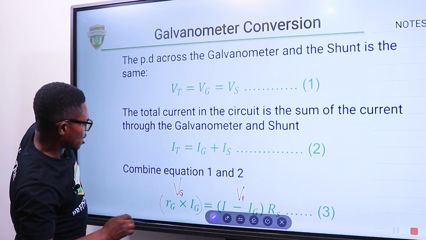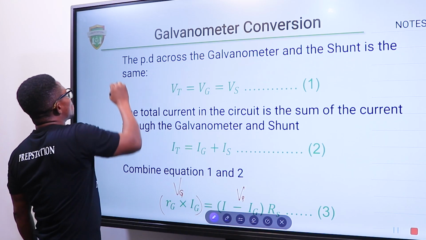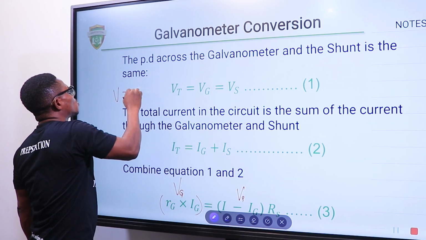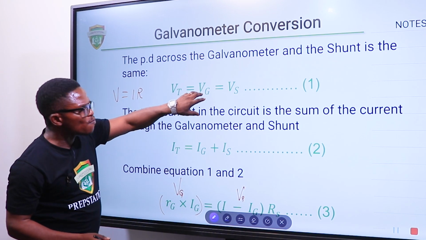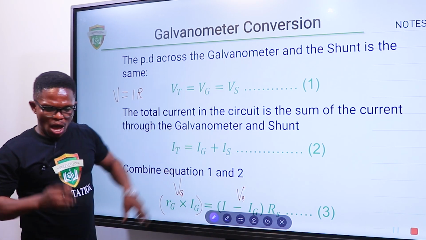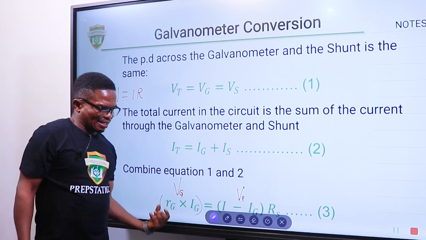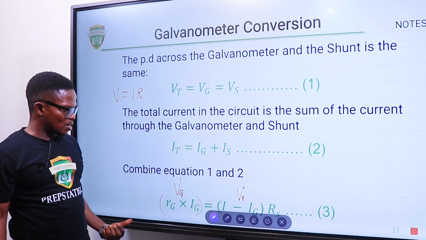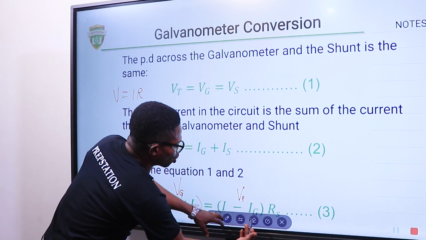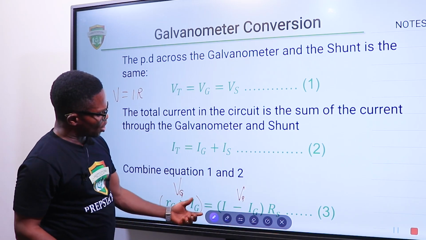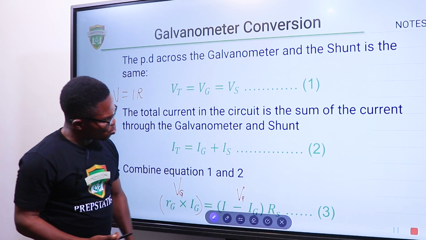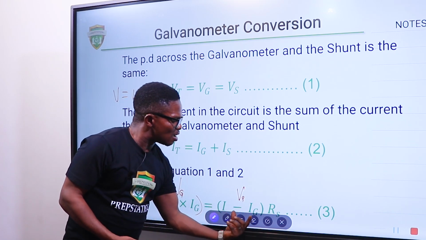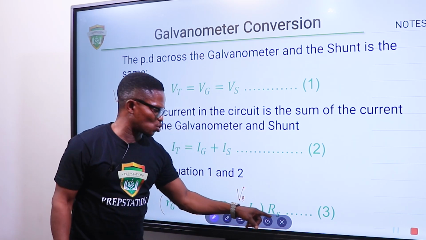How? Please pay attention. Now, VG, remember from Ohm's law, V is equal to IR. So if I'm looking for the voltage through the galvanometer, all I need to do is to multiply the resistance of the galvanometer by the current in the galvanometer. Okay? Now, coming to the shunt, if I'm looking for the voltage across the shunt, all I need to do is to multiply the current by the resistance of the shunt.